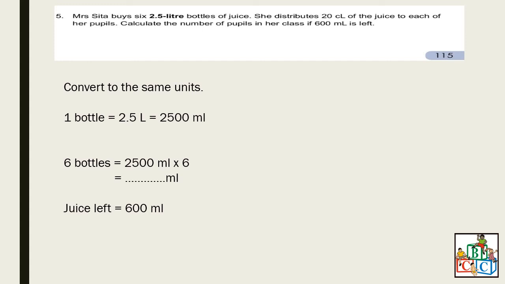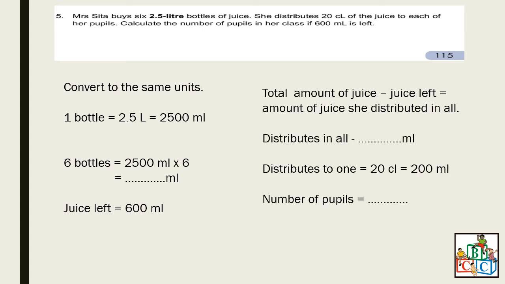So the answer you're getting for 2500 times 6, you have to subtract 600 ml from it. Then when you have subtracted 600 ml, you're going to get the exact amount of juice which she distributed. Why?